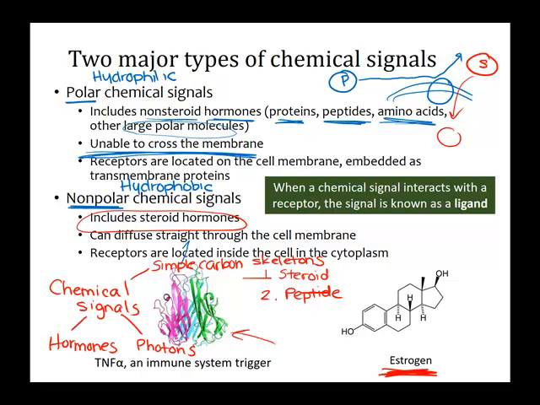This will trigger your immune system to jump into action, so it'll tell your immune system cells to become more active. Oh, I forgot about this part. These chemical signals generically are known as a ligand. When a chemical signal interacts with any sort of receptor, that chemical signal is called a ligand.